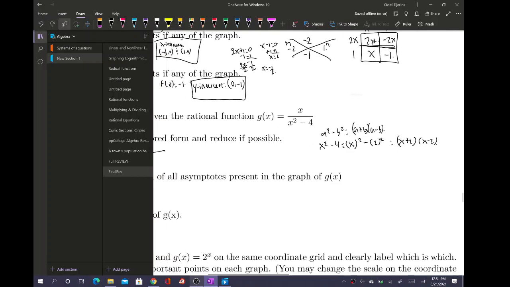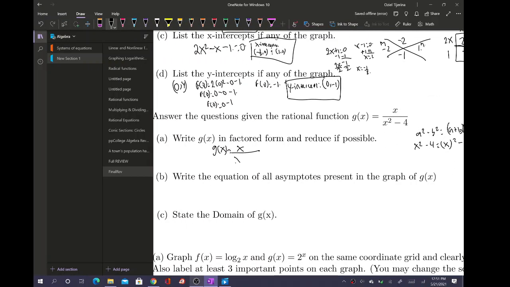So in factored form, this would be x over x plus 2 times x minus 2, and it says reduce if possible, but nothing cancels with x, and there's nothing that cancels with x plus 2 or x minus 2. So this would be your answer here, okay?